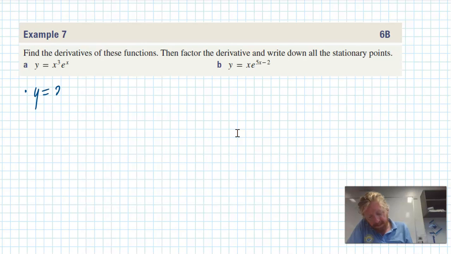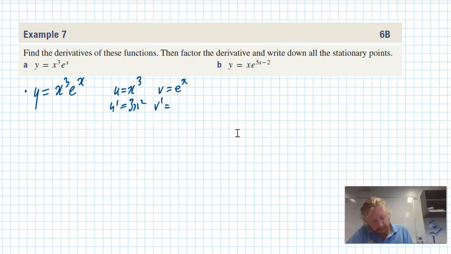y equals x cubed e to the x. Now, it's a product rule. Do I have to write out the u's and the v's? We'll do it once. u equals x cubed, u dash equals 3x squared, v equals e to the x, v dash equals e to the x, because it's just itself.